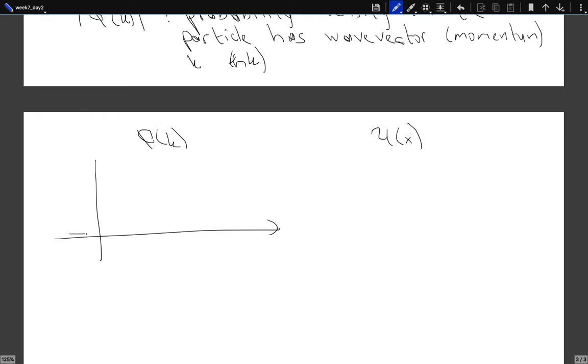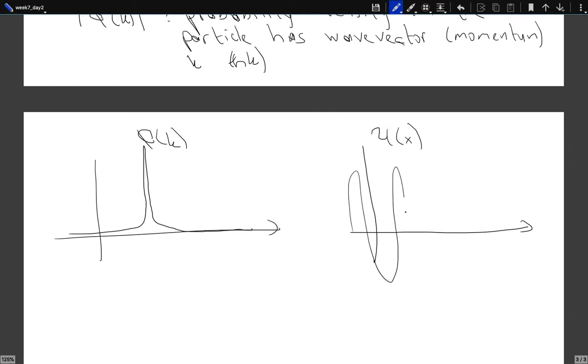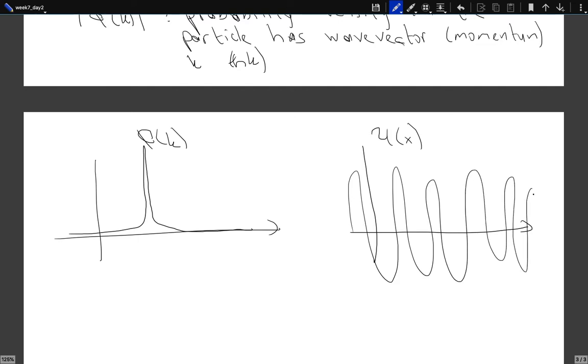Now, if phi of k has this shape, essentially I'm just looking at one k value, this value, then psi of x has this shape. My particle can be here, it can be here, it can be anywhere.